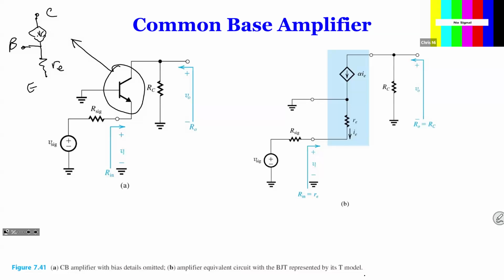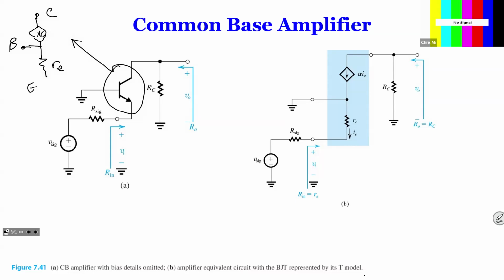Right? That's your T model. So you see, within that T model, what we did, we moved that T model over here under the blue background. In this T model, the top current, the two is to represent the current. One is called GM times V pi.